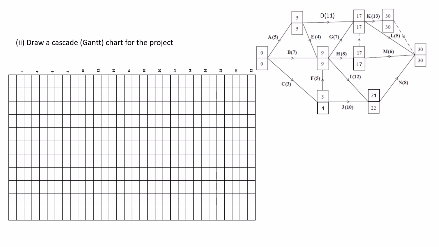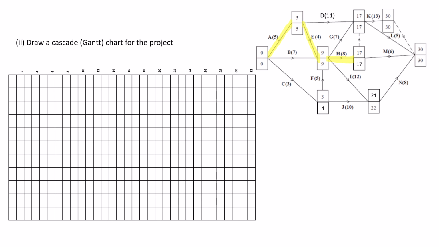So we have some critical activities. A is critical, starts at 0, goes on for 5, and it finishes at 5. E is another critical activity. We then have G is not, H is, so 9 plus 8 gives us 17.